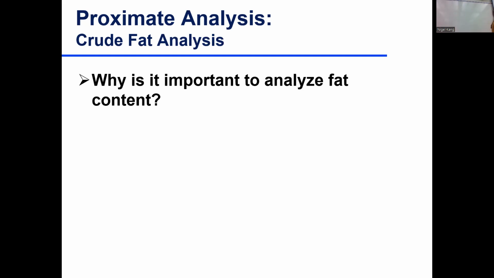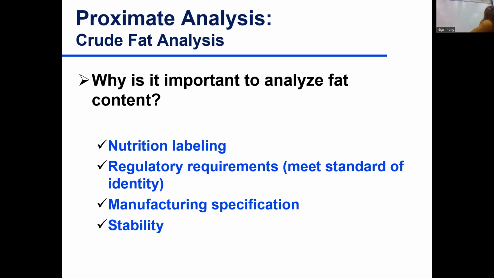Shelf life estimation or stability. Okay. So nutritional labeling, we talked about it. Regulatory requirements. We have whole milk, we have fat-reduced milk, we have non-fat milk or dairy products.